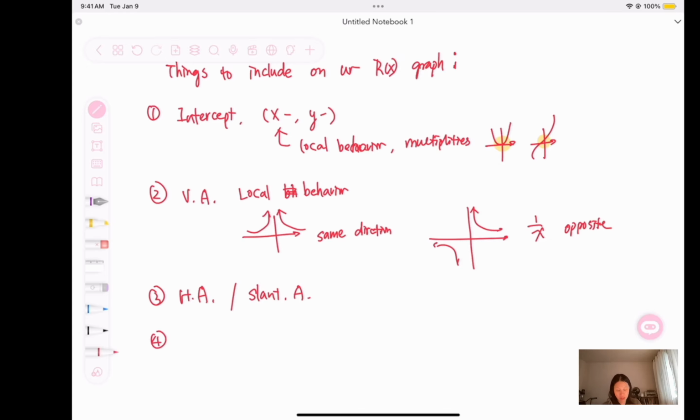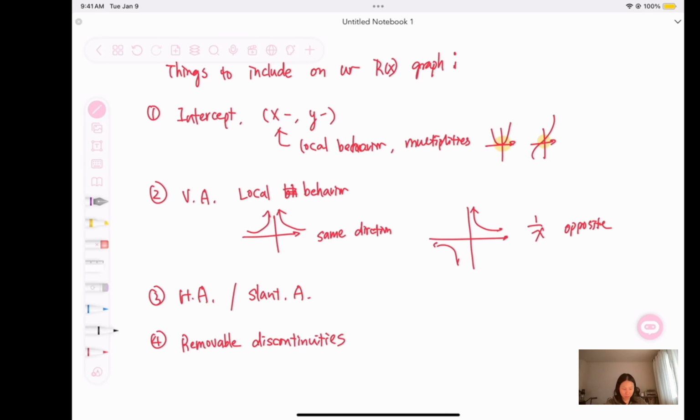Fourth, we also need to consider the removable discontinuity. After we include these four things, we should be able to draw a graph.